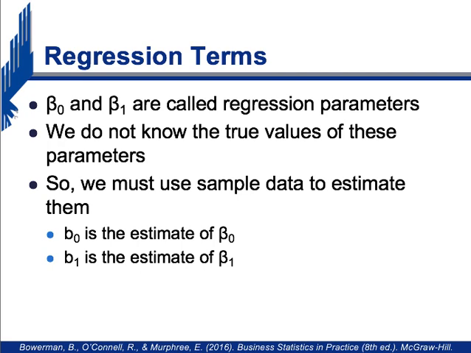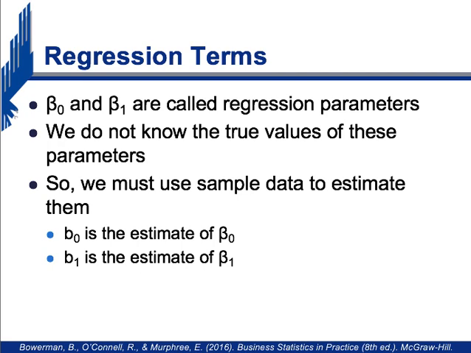Now here are the parameters of a regression model. As mentioned earlier, we have beta sub 0 and beta sub 1, and these are Greek letters denoting information derived from the entire population of x and y.